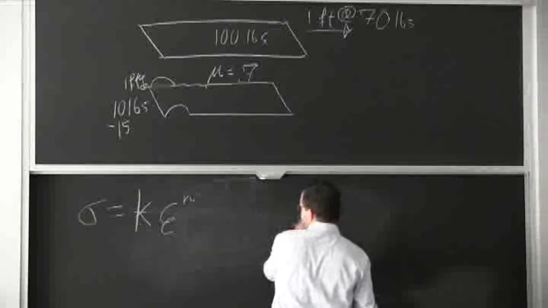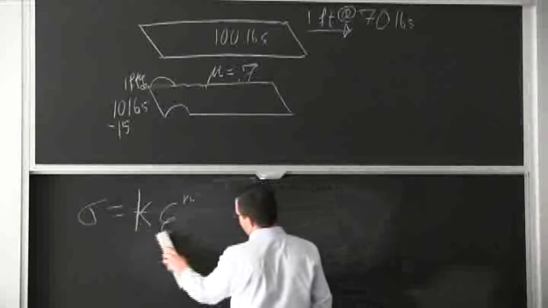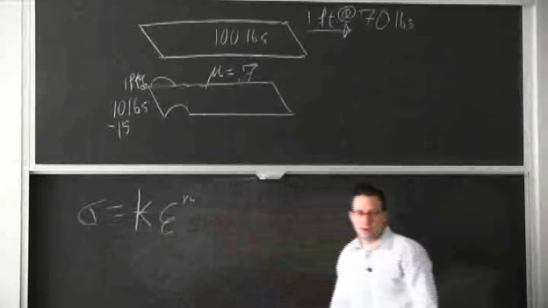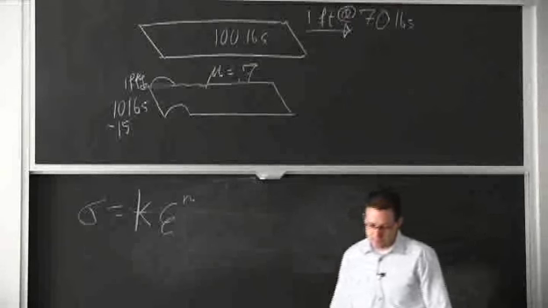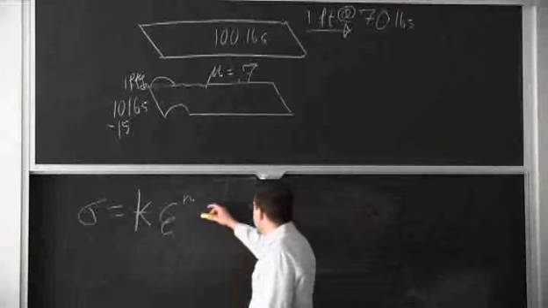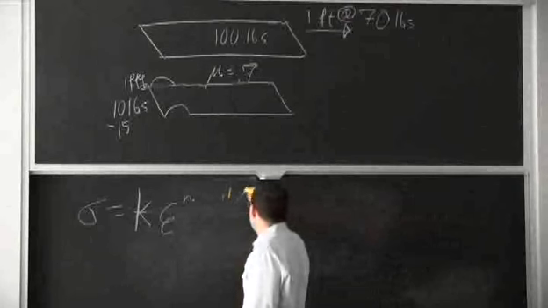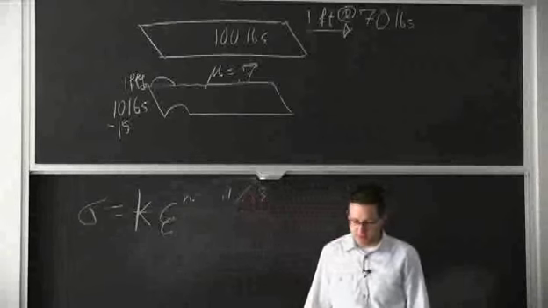So this is your plastic strain value. As you increase the plastic strain, your stress is going to go up based on a certain hardening coefficient. So the value of that n is typically between 0.1 and I'll say 0.3. You could have higher, but a lot of times it's in that range.